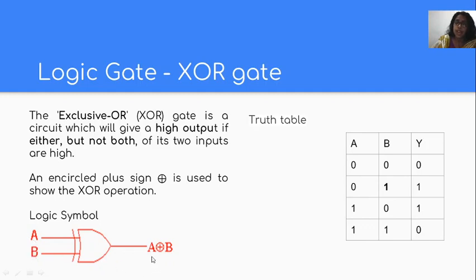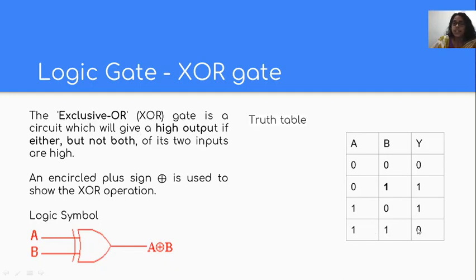Output is A XOR B. We will read this as Y equals A XOR B. What is the condition of inputs and outputs? 0 0 leads to 0, 0 1 leads to 1, 1 0 leads to 1, 1 1 leads to 0.